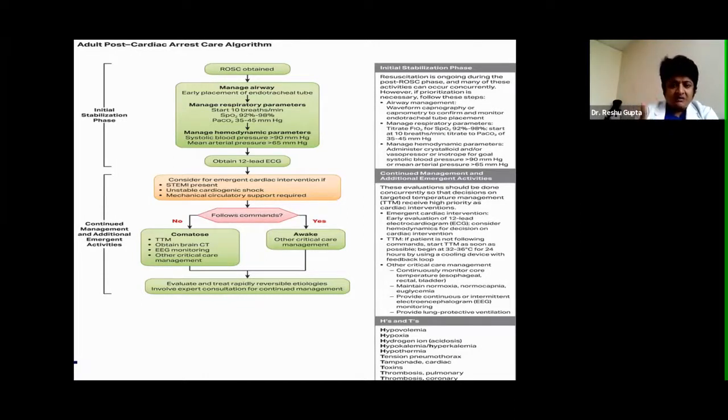Then after stabilizing the patient, we also see whether the patient is following commands or not. If yes, the patient is awake, then other critical management. If the patient is still comatose, then this is the algorithm: you obtain the CT brain, you do an EEG and other critical care management.